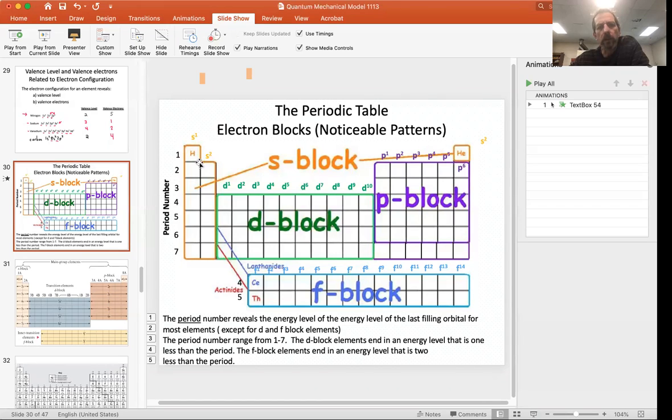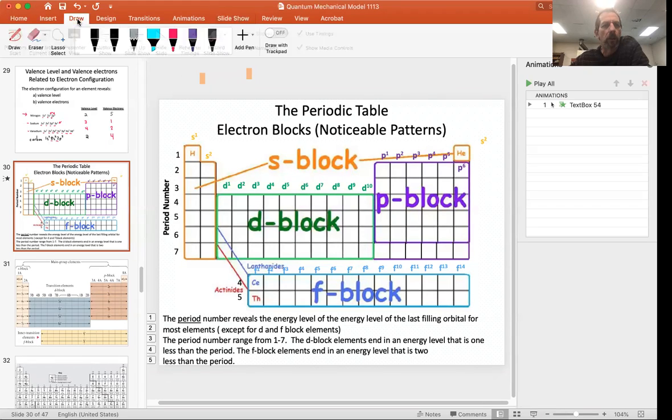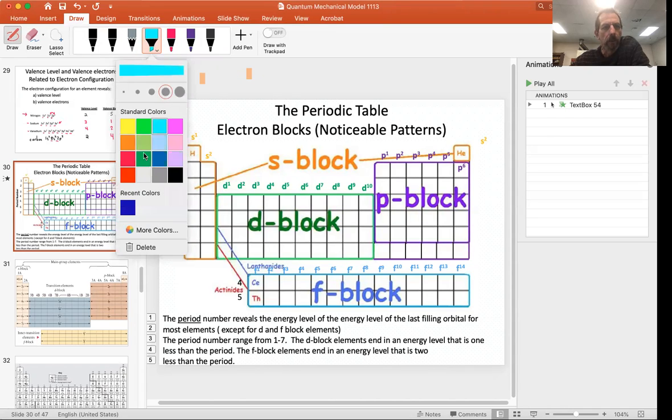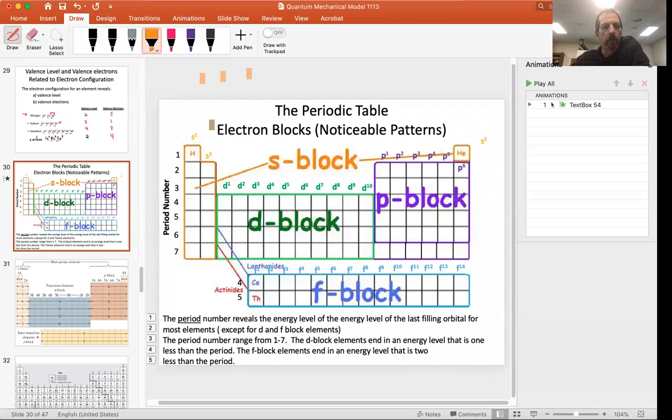Then what we notice is that there are these different colors on here, and we're going to highlight this so that you can follow along. Any element where this orange color is part of its square is a member of what we would call the S block, which really just means its electron configuration would end in the S orbitals.